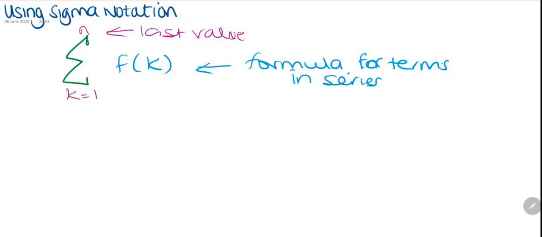So let's have a look at an example. Say for example 12, and k is 1. So this is 4 times k plus 2.